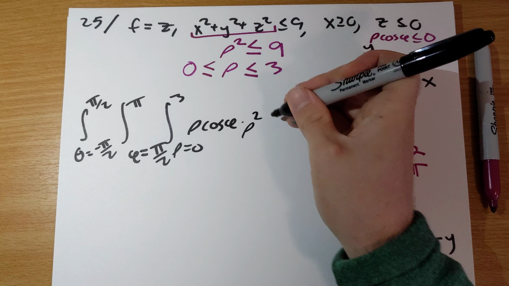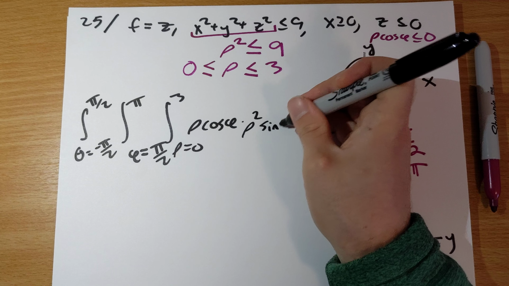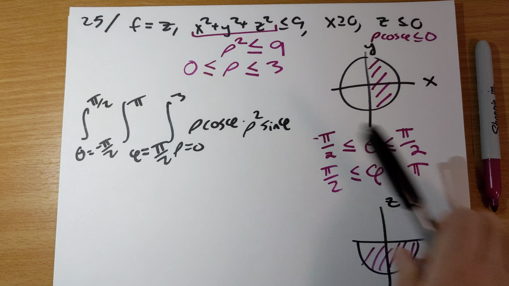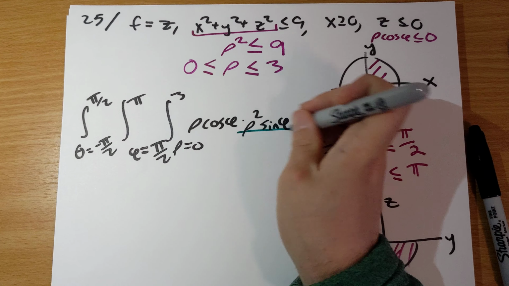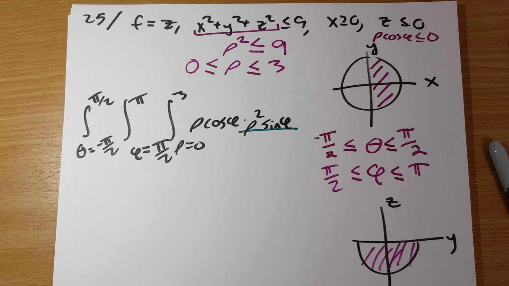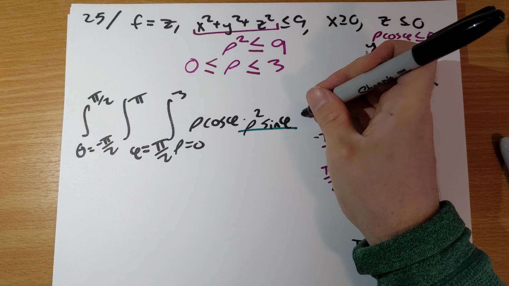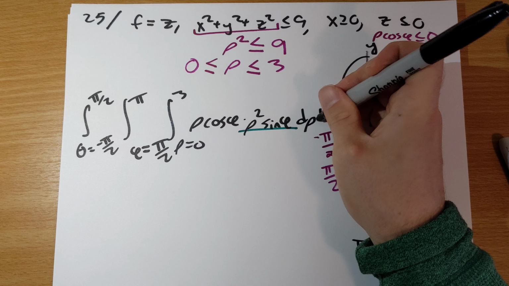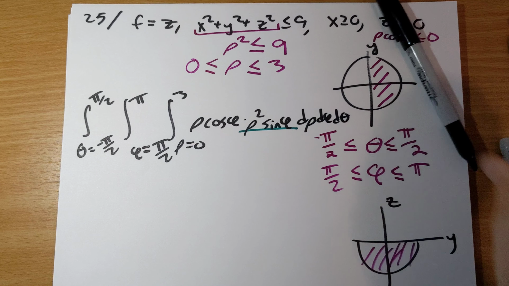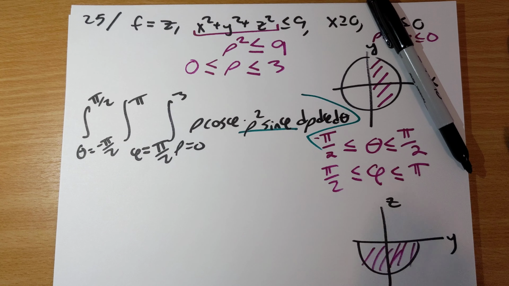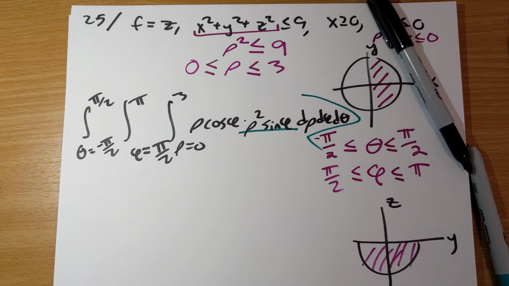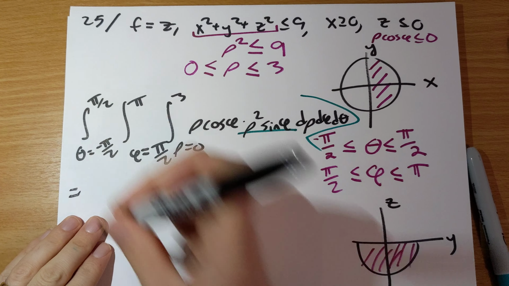And then we throw in the factor of rho squared sine phi. That factor always comes in as the Jacobian for the spherical coordinates transformation, d rho, d phi, d theta. Okay, so this is our integral.